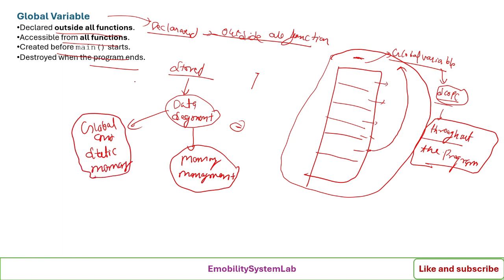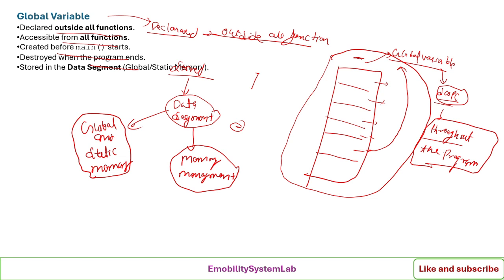We discussed the important points related to global variables: the declaration of global variables, the accessibility of global variables, and when these global variables are created, when they are destroyed, and where they are stored. So these were important points related to local and global variables.